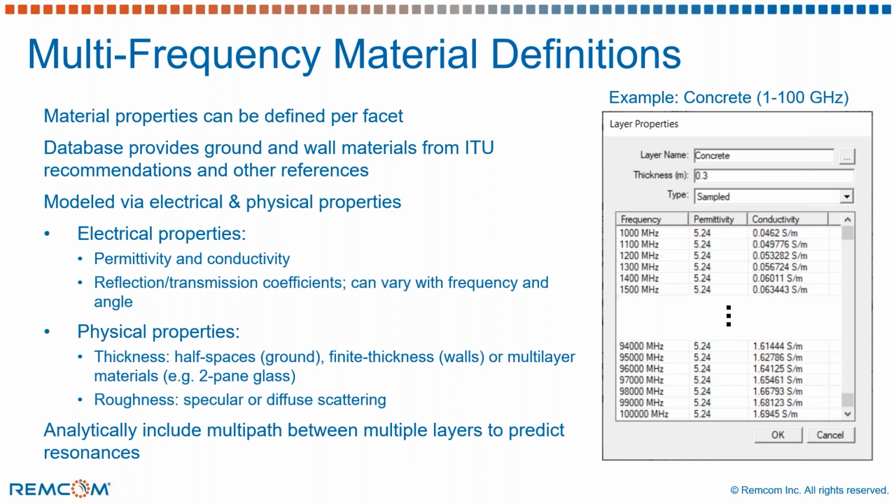We have predefined many typical materials for ground and buildings that are based on ITU recommendations, and those are built in now. So the user has access to multi-frequency material definitions already and does not have to look those things up.